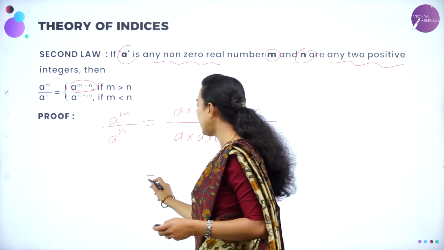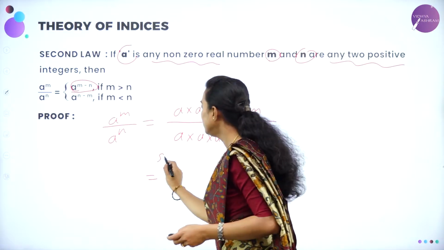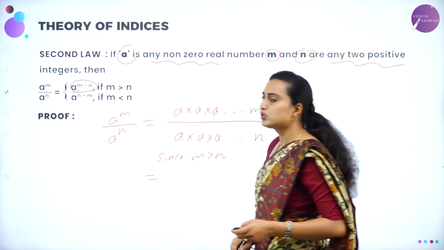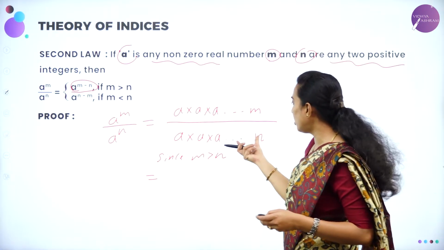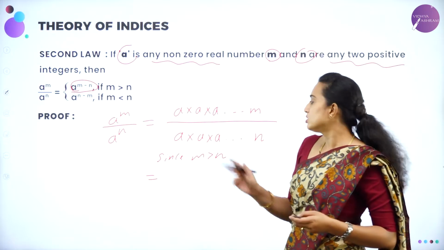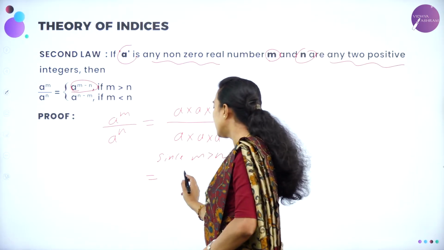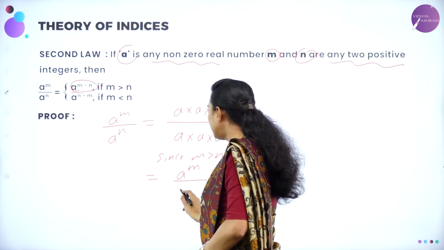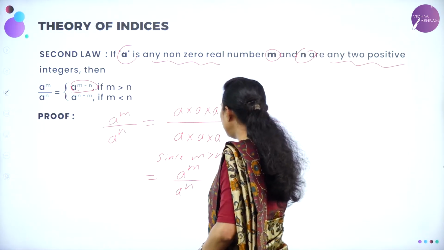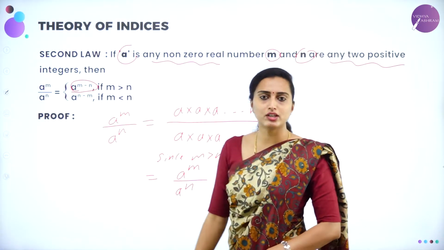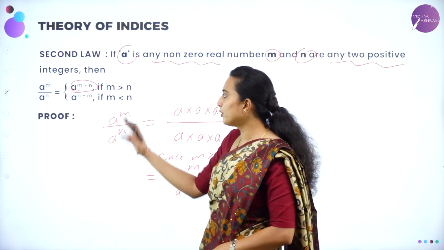Since m is greater than n, obviously the extra terms cancel and it becomes a power m divided by a power n, which will be a power m minus n. That's it. Got it?